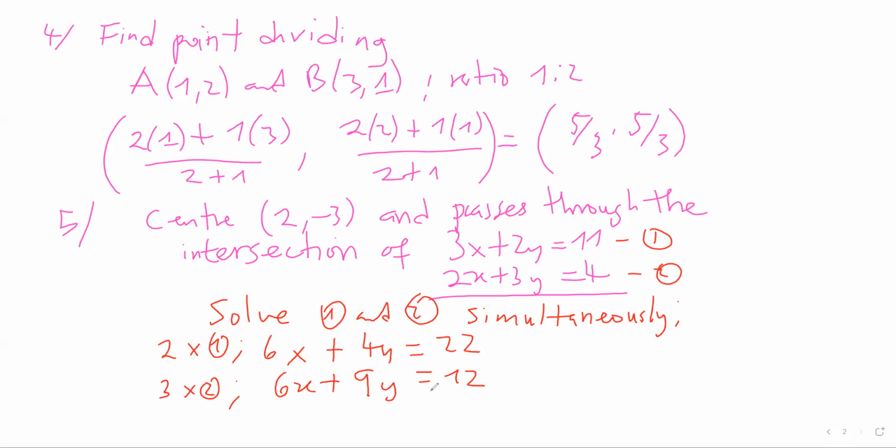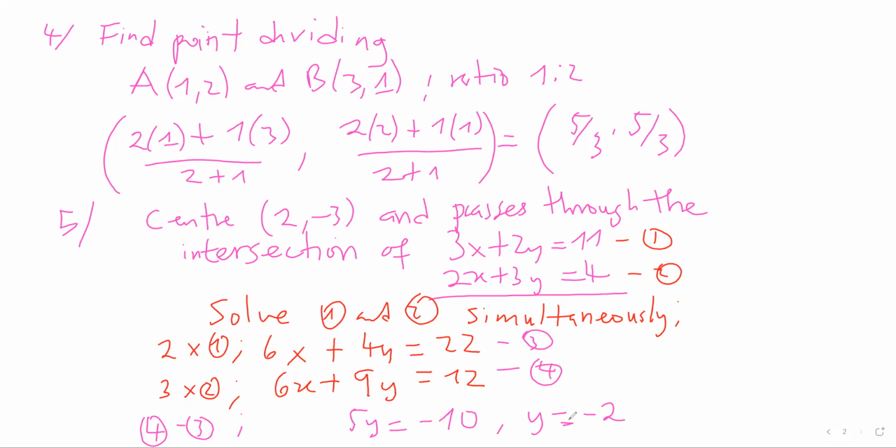This gives us equation 3 and equation 4. Then you subtract equation 3 from 4, and this will give us 5y equals minus 10. And that means y is equal to minus 2.